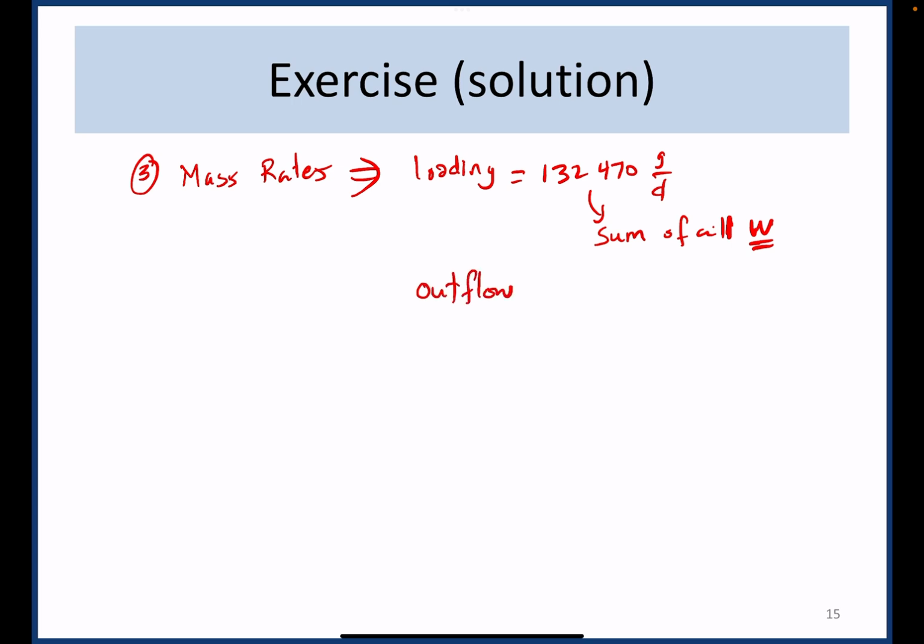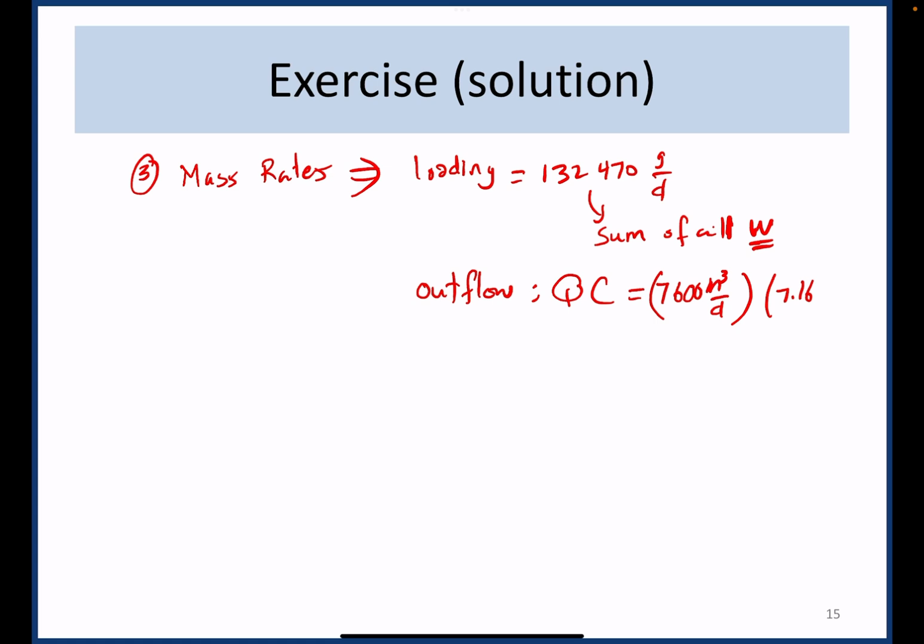How about the outflow? The outflow is by multiplying the flow rate, which is the same as the inflow flow rate, times the concentration. You can see that the flow rate, 7,600 meter cubic per day times 7.16.